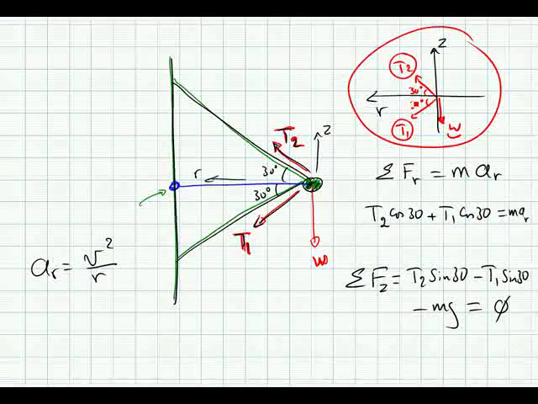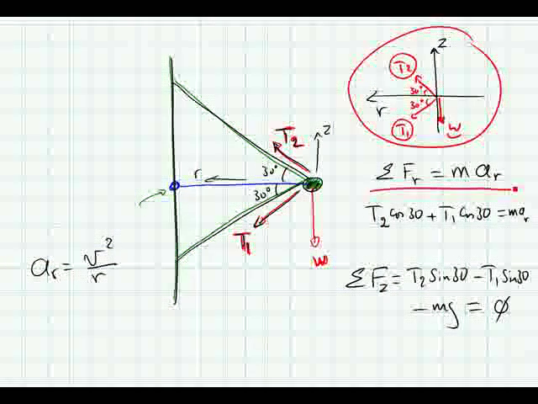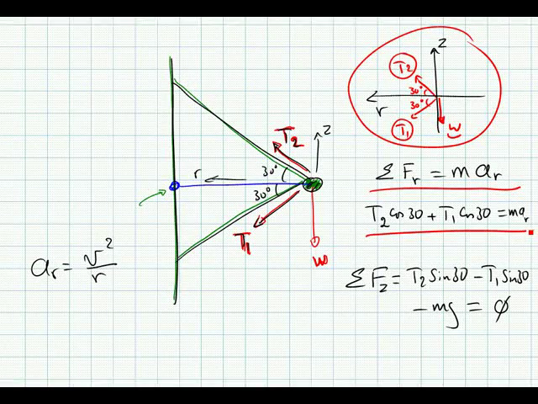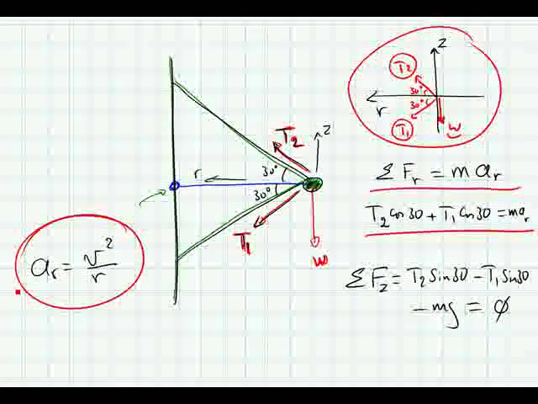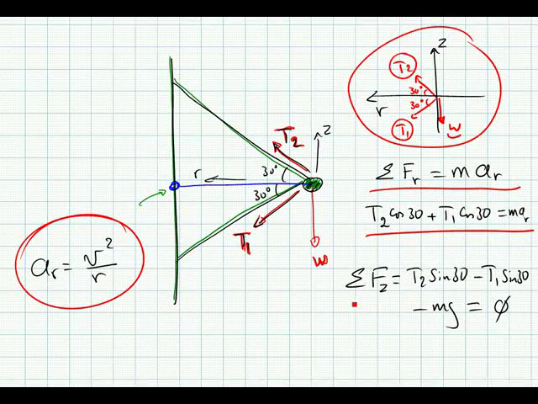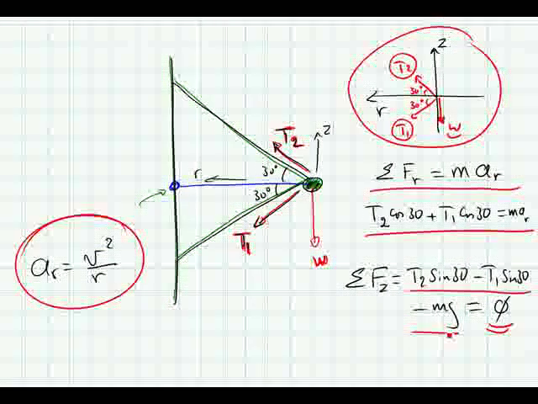Doing a simple analysis, in the r direction, Newton says that sum of the force in the radial direction is mass times acceleration in the radial direction. And looking at our drawing, we have T2 cosine 30 plus T1 cosine 30 must equal m a_r. Once again, a_r is v squared over r. And you do a similar analysis in the z direction. F_z, which we know must equal 0, is given by T2 sine 30 minus T1 sine 30 minus mg.